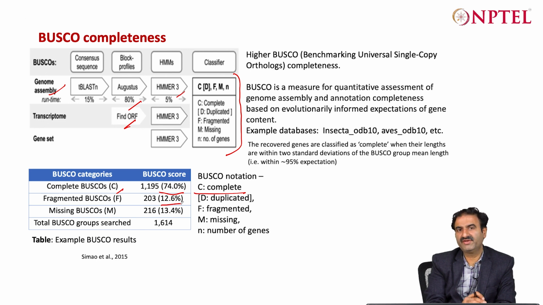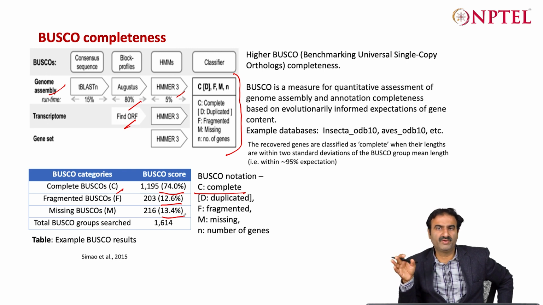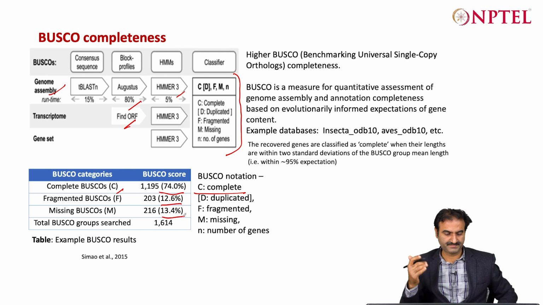That means 12.6% of the single-copy orthologs were present but fragmented. That means your genome still has some fragments and is not covering those markers well. And 13% could not be found, which is a bad statistic. That means 13% or more of your genome is missing in your assembly, right?